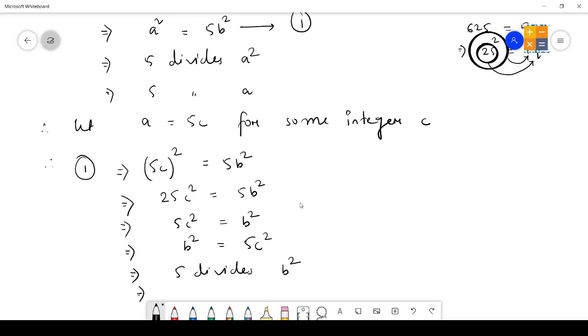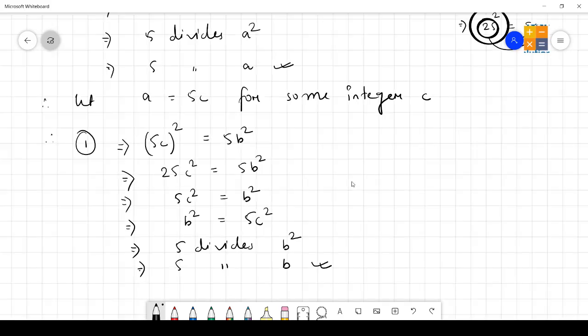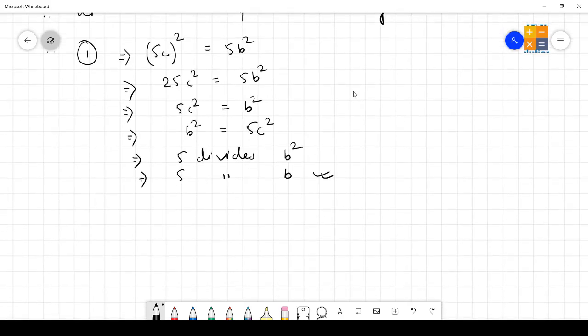This further implies 5 divides B. So from these two expressions, actually whatever conclusions we have drawn in these two parts, one thing is very clear, that A is divisible by 5 and in this case B is also divisible by 5. So it means what? A and B both are having one more common factor, that is 5, which contradicts the assumption that A and B are co-prime.